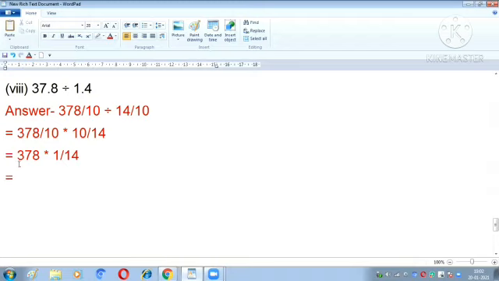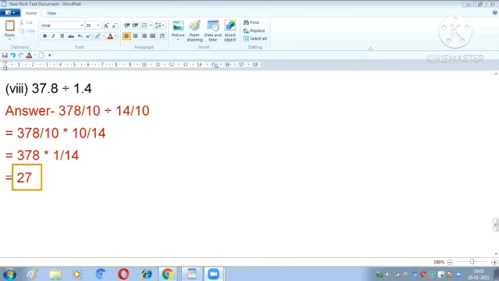This 378 is divisible by 14, 27 times. 14 multiplied by 27 is equal to 378. So this will be 27. So 27 is the answer of eighth bit.